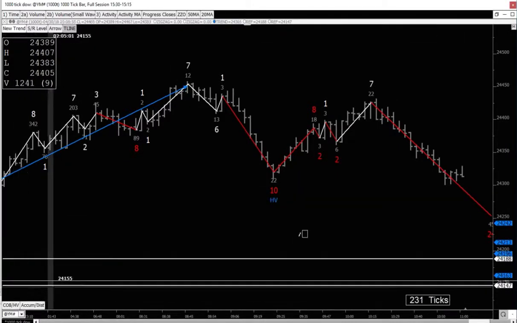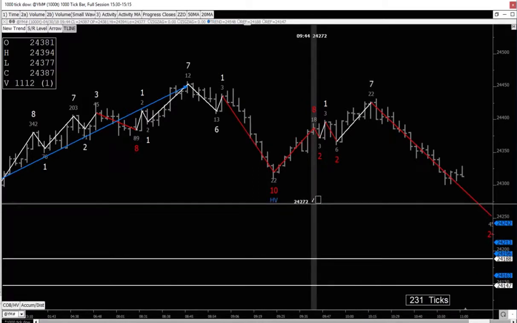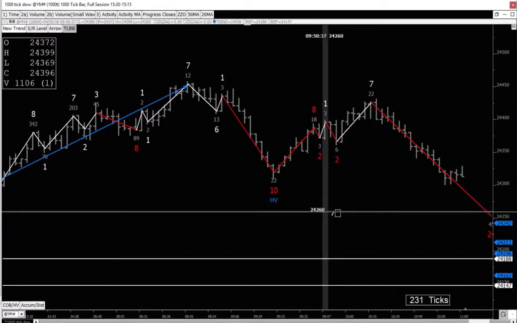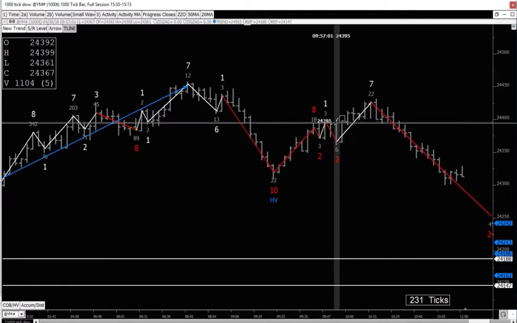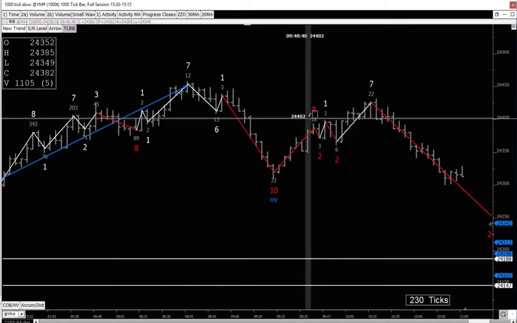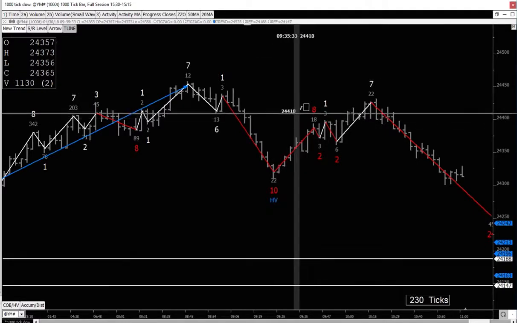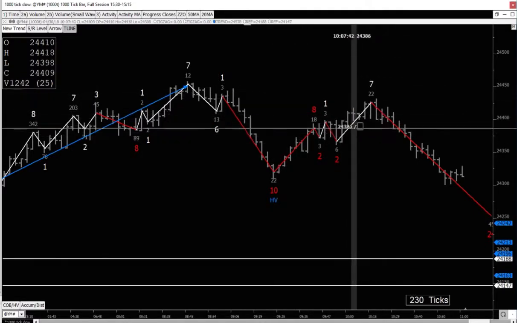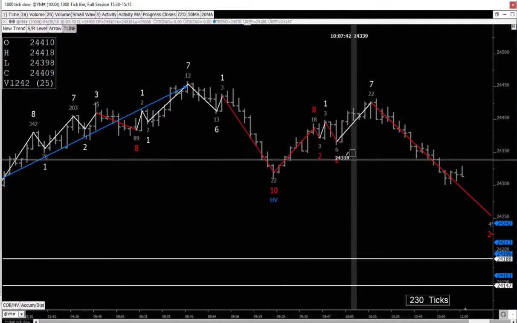That's why wherever you put your stop is so critical. If you don't put it in the right area, even though you get direction right, you're going to get stopped out. A lot of folks sold this bar, and I'm sure they had their stop above this area here, and this maneuver, in my opinion, was used to run them.